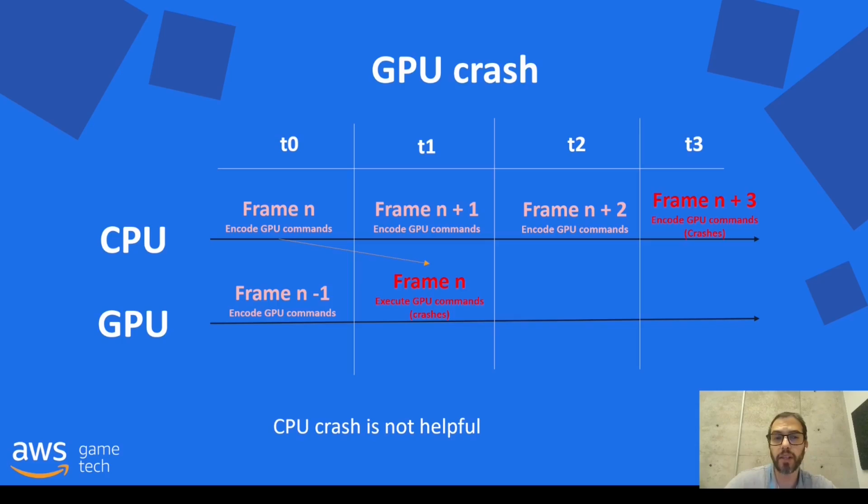The point I'm making here is that the CPU crashes at a point where it's completely not helpful. In the debugger, it will break, but the call stack is not useful because it will be pointing at either the end of the frame where it's waiting for the GPU to finish, or at some random API call where it's not helpful at all.